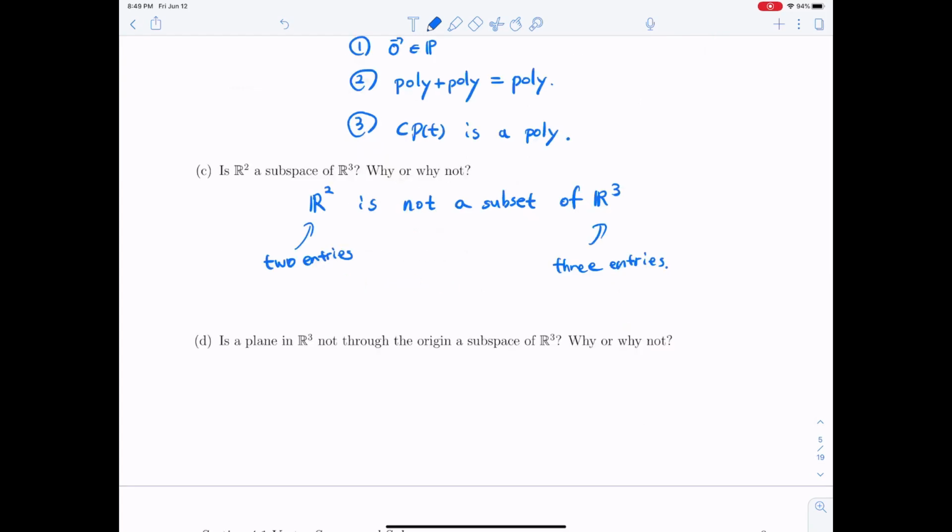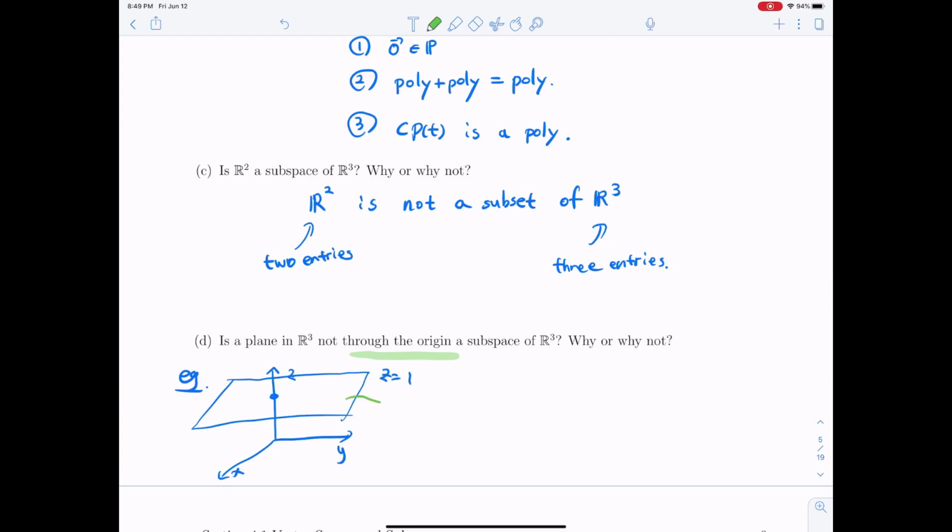Okay, so for part D, if the plane does not pass through the origin, then for example, if you consider a plane which is given by z equals 1, then we can plot this here, right? And it doesn't pass through the origin.